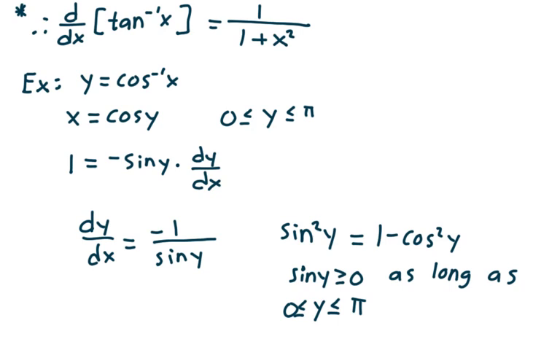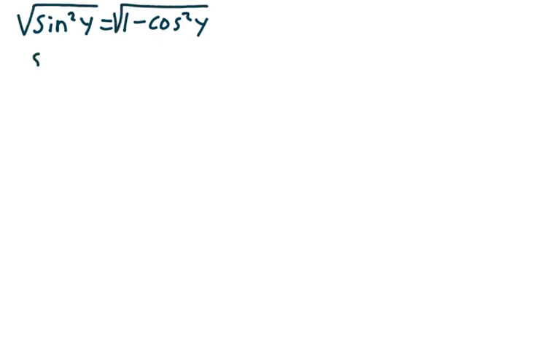That's important, right? So look. So we have sine squared y is 1 minus cosine squared y. We're going to take the square root of both sides. So we can now freely say sine of y is the square root of 1 minus cosine squared y.